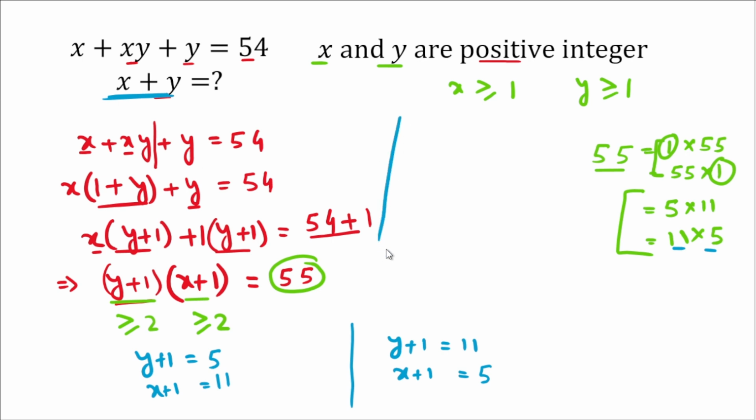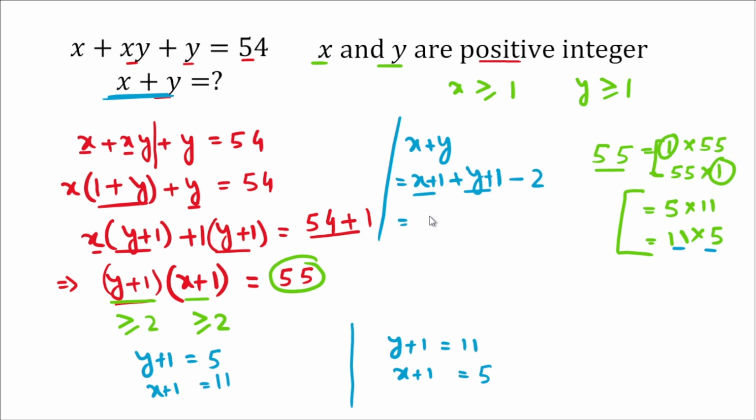So to calculate x plus y, if we add 1 and 1, we get x plus 1 and y plus 1. Here we have added 2 extra, so we'll subtract 2. Whether x plus 1 is 11 or 5, the result will be the same.